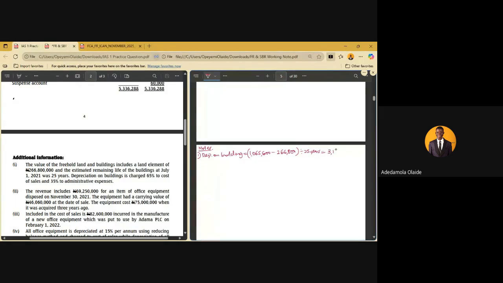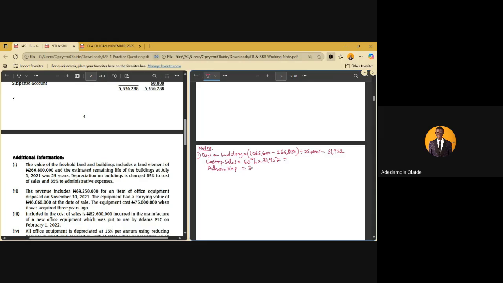Of this 31,952, they now told us 65% is to be taken to cost of sales, so the cost of sales portion will be 65% of 31,952, and then admin expenses will take the remaining 35% portion.